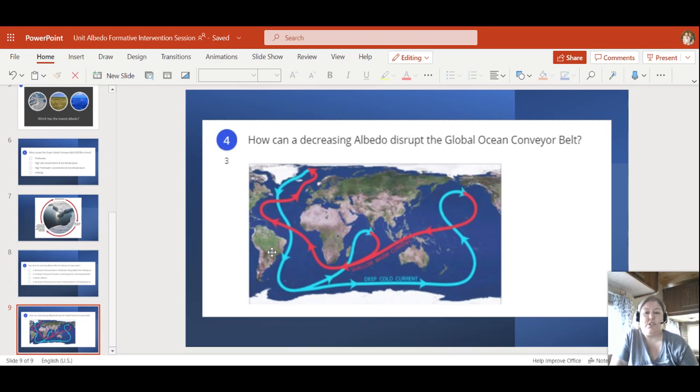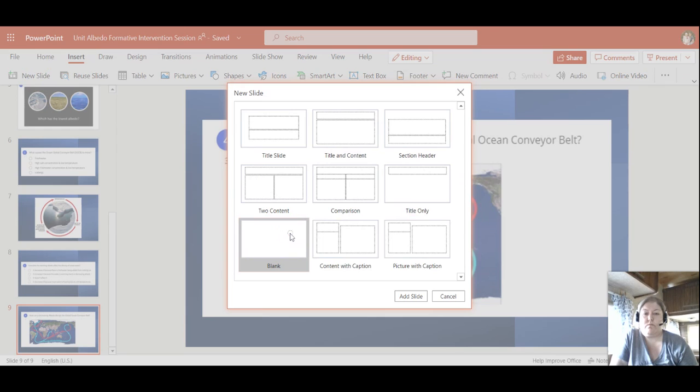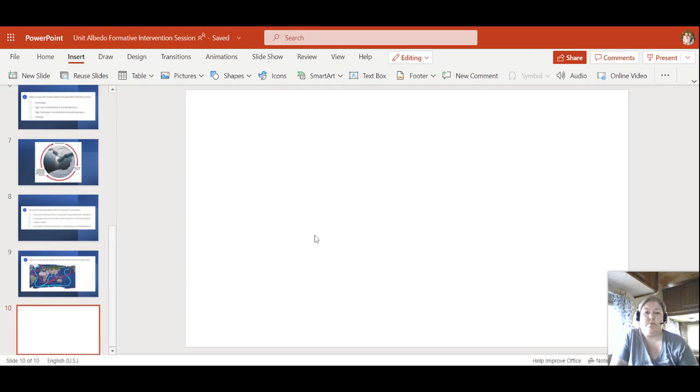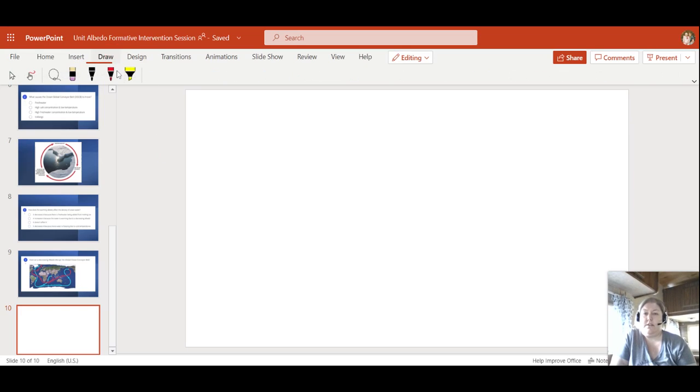So we've learned that for water to sink, it needs to be very cold and very salty. Those two need to happen for the water to sink, causing the ocean conveyor belt.